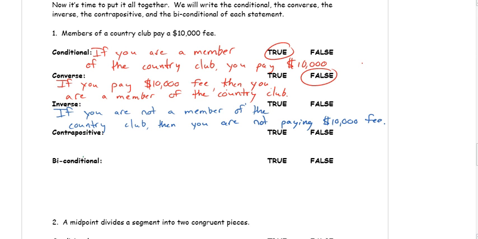Okay, so again, if you are not a member of the country club, then you are not paying a $10,000 fee. Again, you could be paying a $10,000 fee for something other than a country club. So again, we would have to say that that is false.